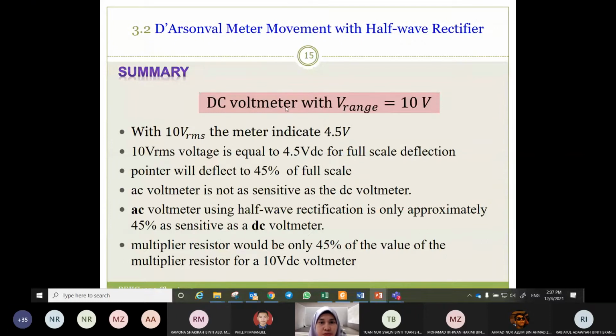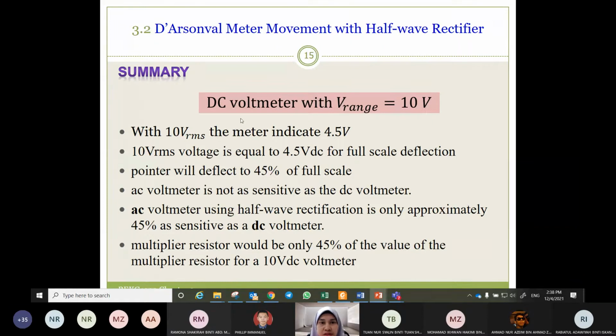So based on the previous example, a DC voltmeter with V range equal to 10 volt, with 10 Vrms, the meter indicates only 4.5 volts.